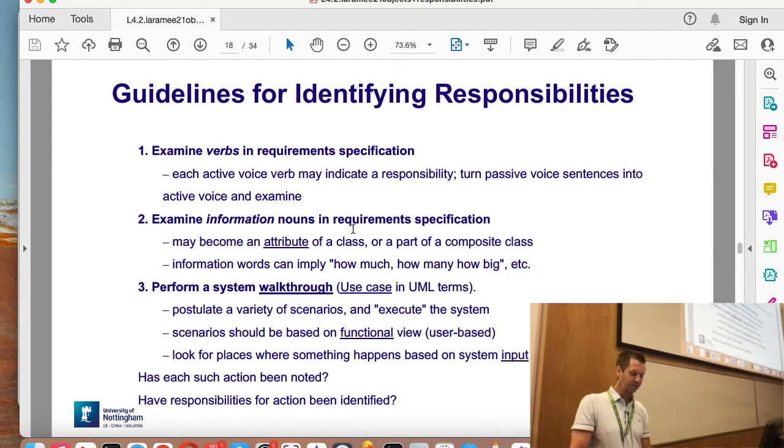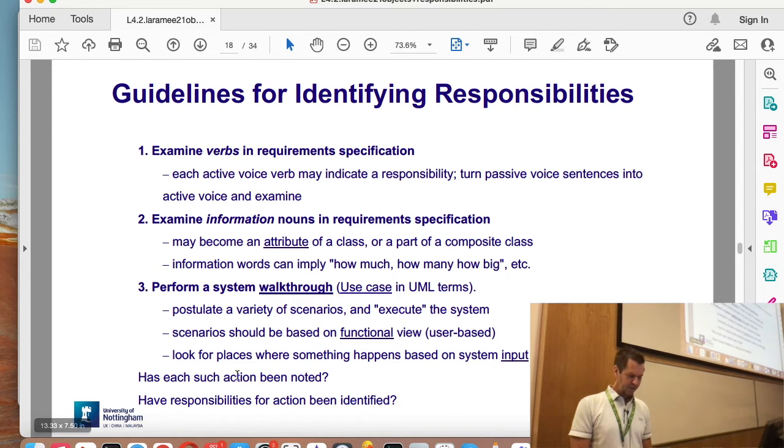And then you perform a system walkthrough, right? That's the imaginary case scenario where you have to imagine using the software, like the first screen of the software. It might be a splash screen or something. And then you get the login screen, and then you log in and you have these different possibilities, like the first menu, what are the different menu options, and so on.